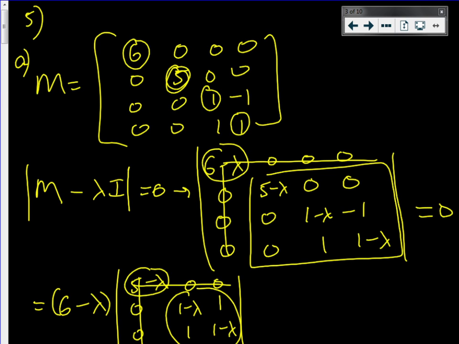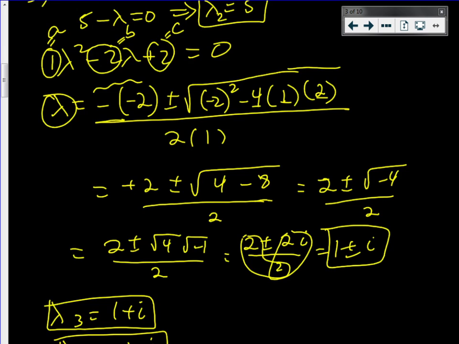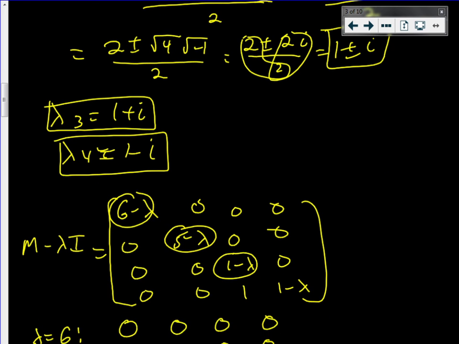How did I just copy down M and not get that negative 1 is beyond me. Oh, I know. I did get it. I just messed up. Okay.